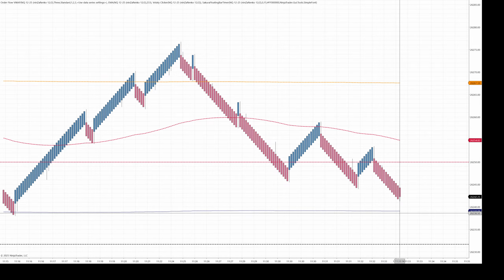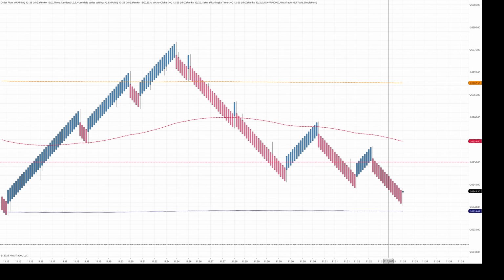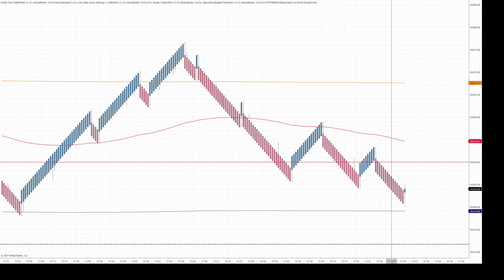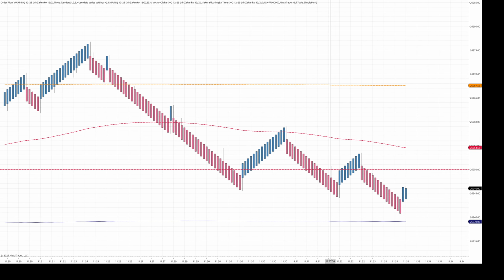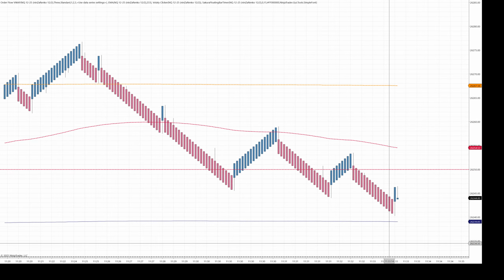All right, I'm looking for a potential bounce off of this area here. And what's nice is you can kind of anticipate where your next move is going to be.